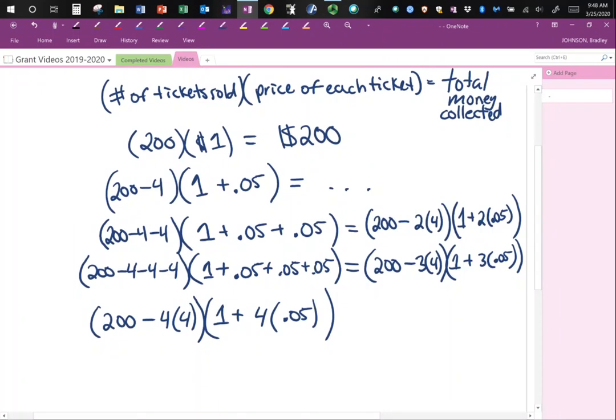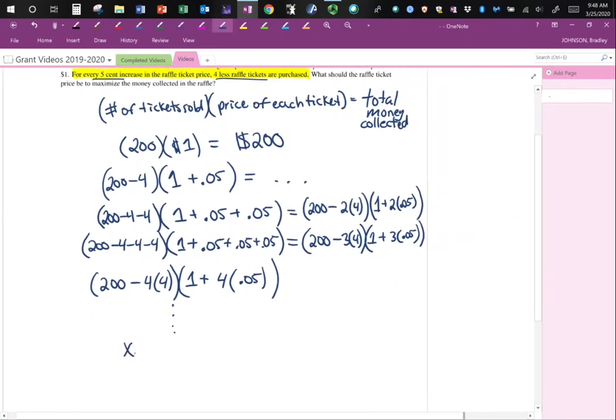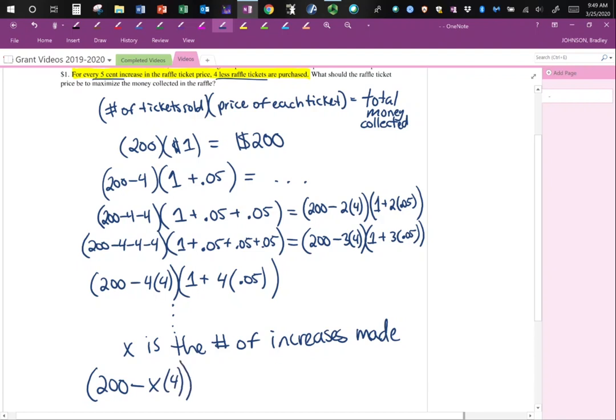So notice we could think of this happening X many times. So let's say X is the number of increases made. So if we do X number of increases, we multiply that by 4. And if we did X number of 5-cent increases, we multiply X times 0.05.